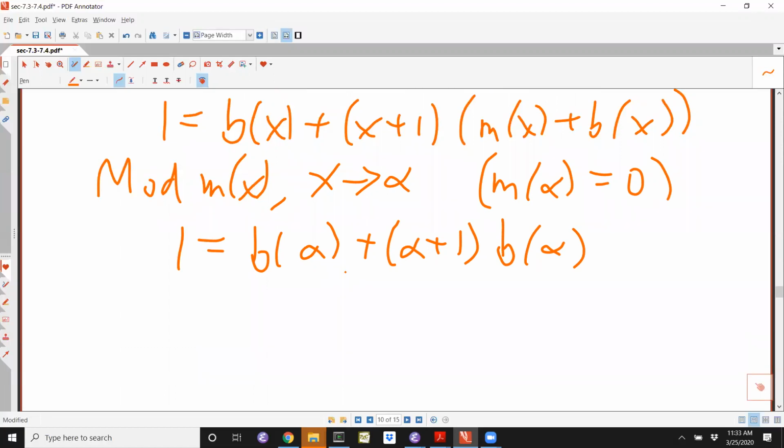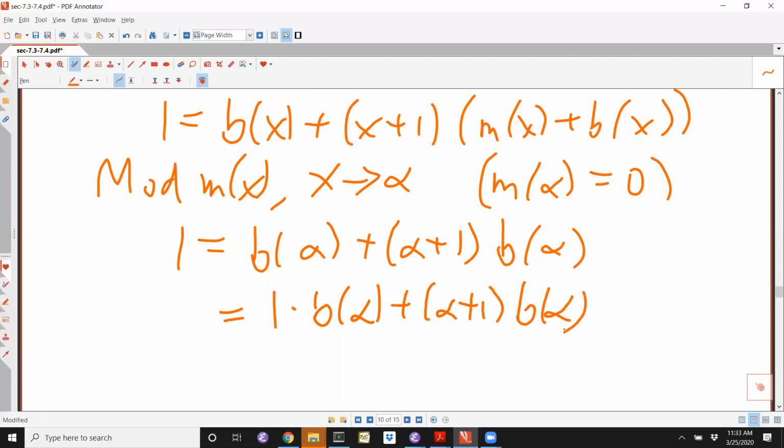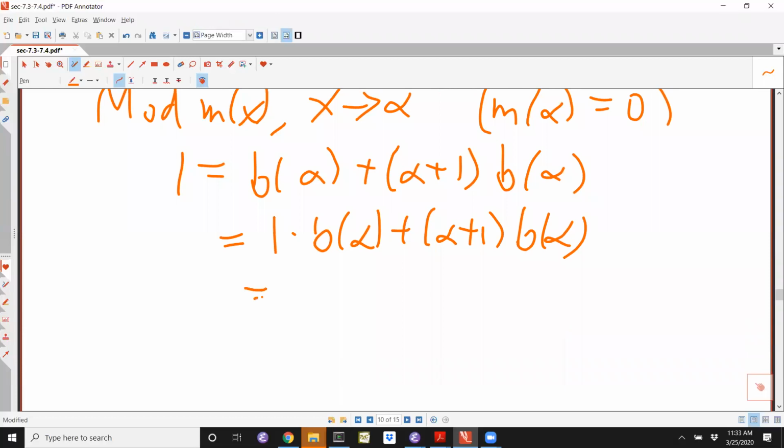And so we have that 1 is equal to b of alpha times alpha plus 1, which is equal to 1 times b of alpha plus alpha plus 1 times b of alpha. So this is equal to alpha plus 2.